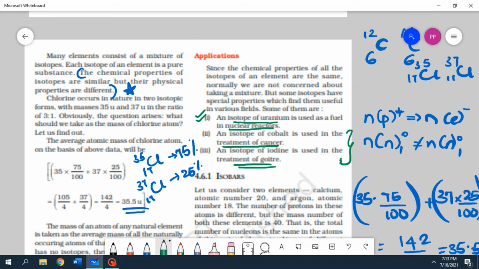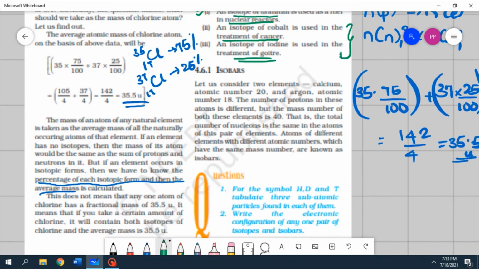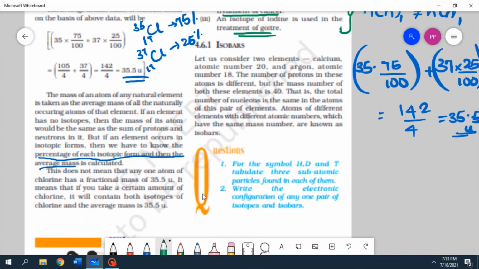And then we move on to isobars, in which the number of protons is different, but the mass number is the same. So this is the complete opposite of isotopes, right?